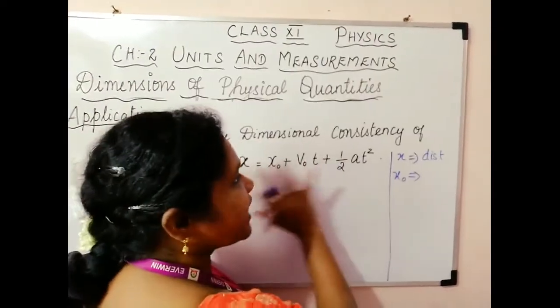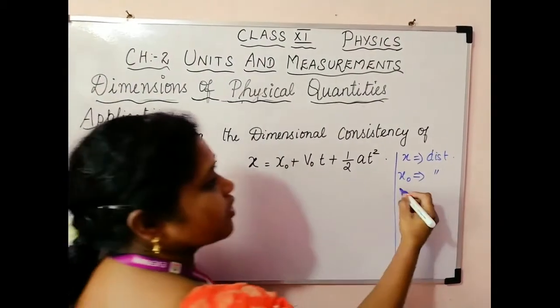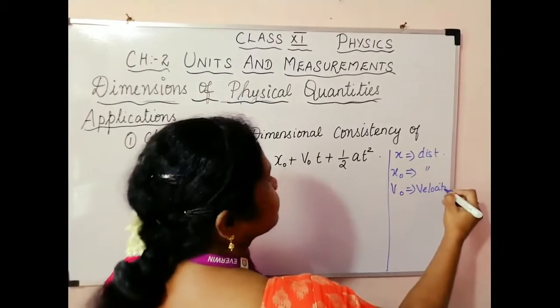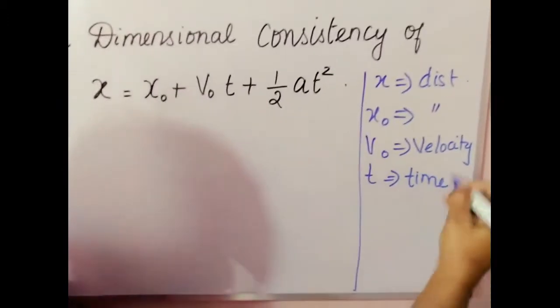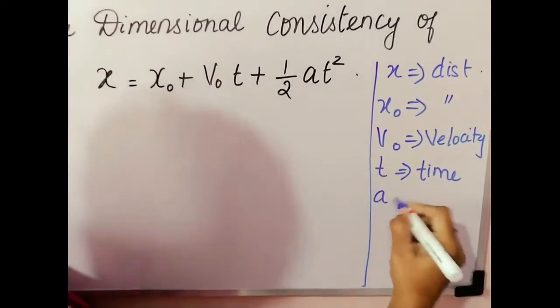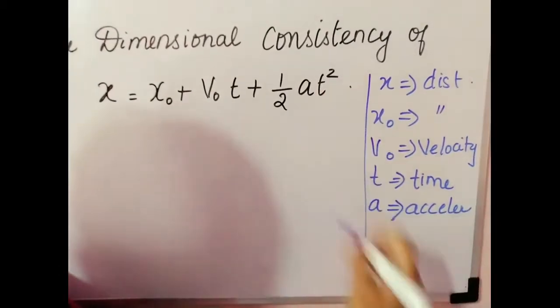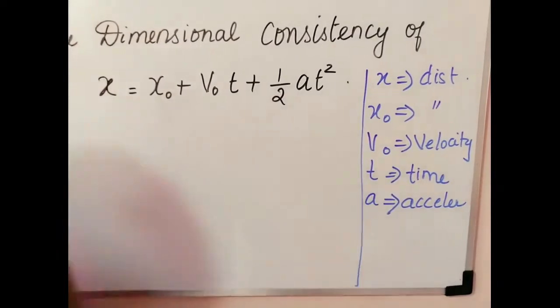Just we will predict. So this is again distance. v naught is the velocity, t is your time, and a is acceleration, t is time. Just we'll apply.